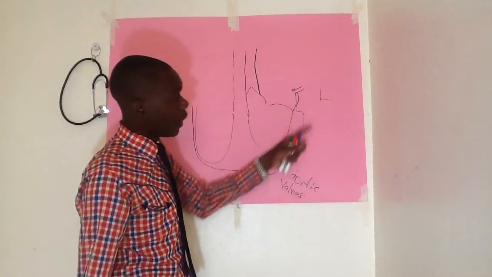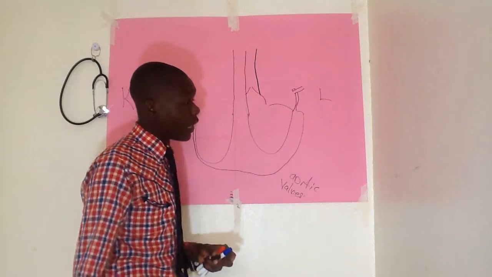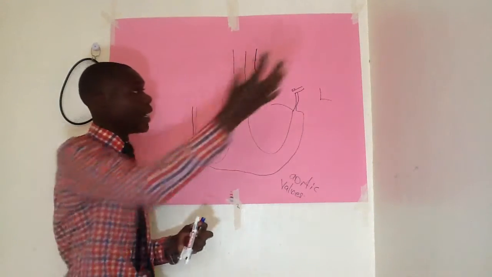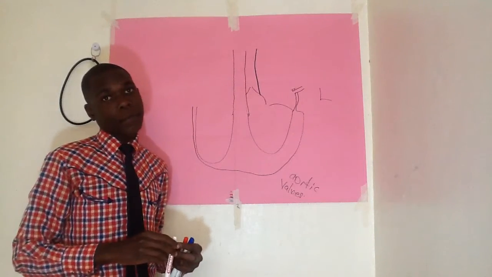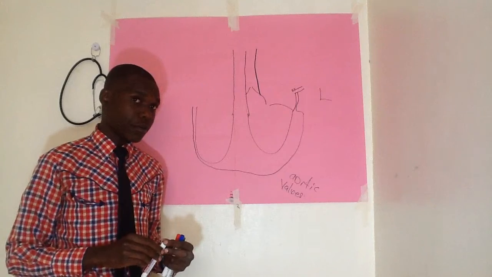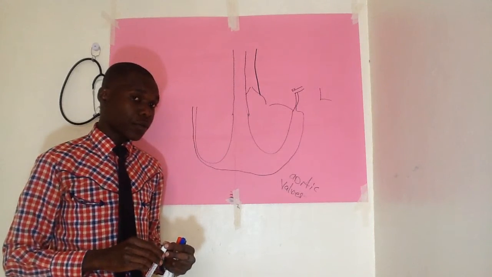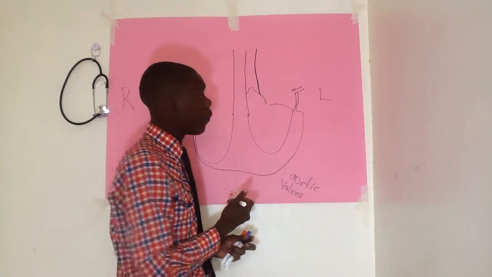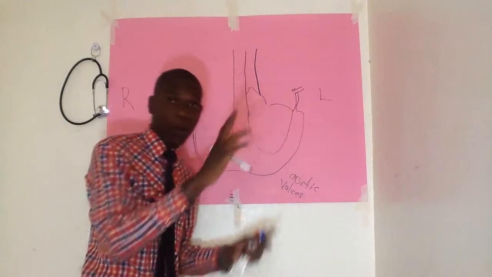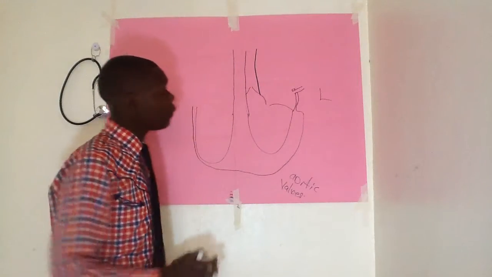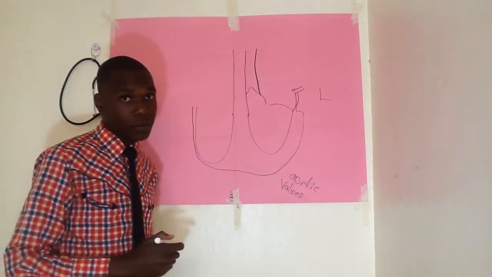And this left atrium actually has 4 blood vessels draining blood into it. These blood vessels are known as the pulmonary veins. But here we are only going to indicate 2, but there are 4: 2 from the left lung and 2 from the right lung.